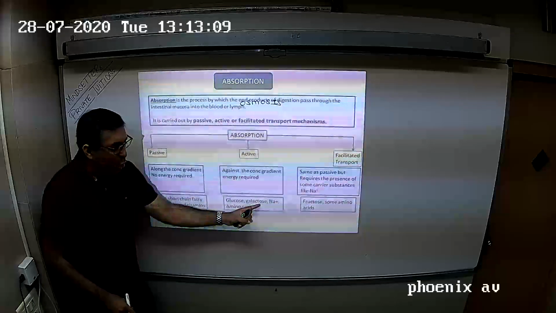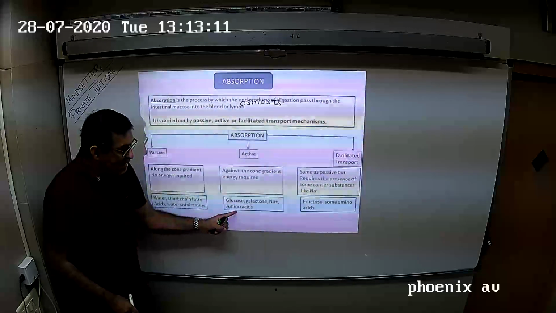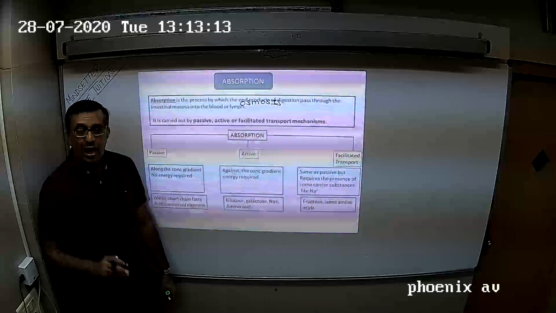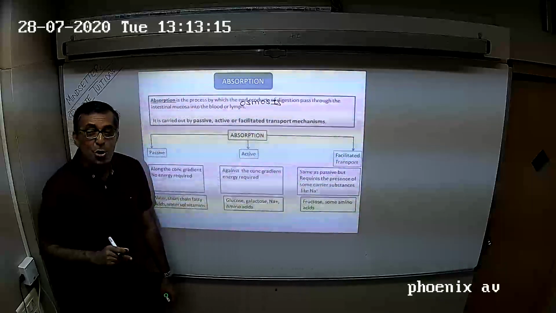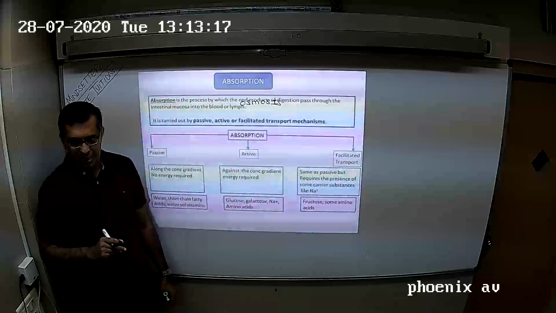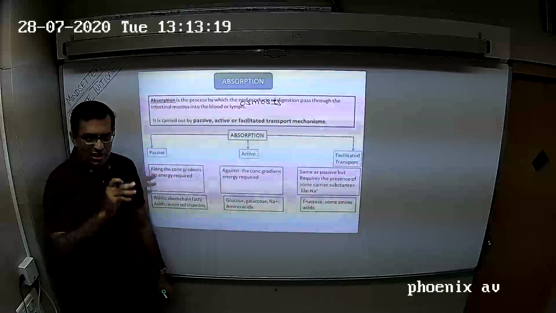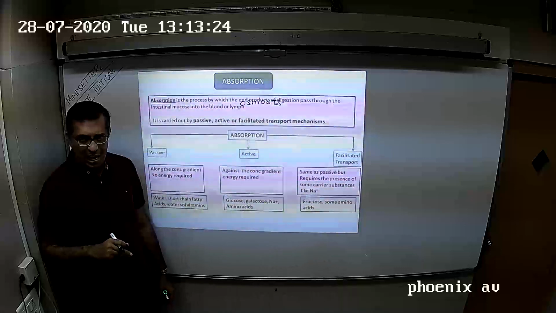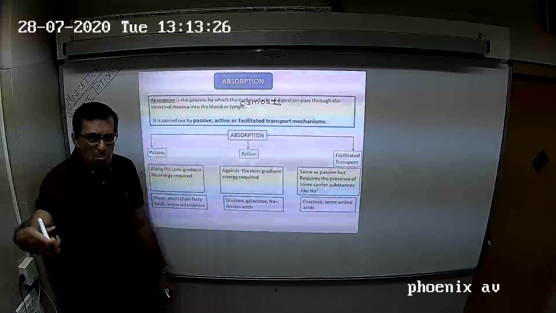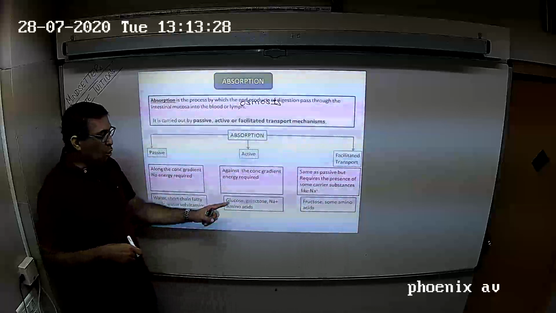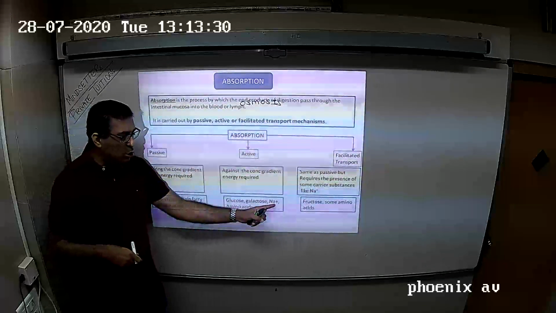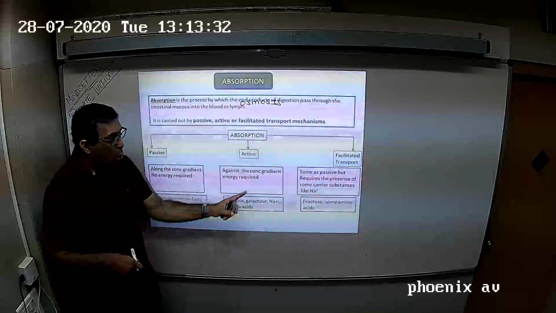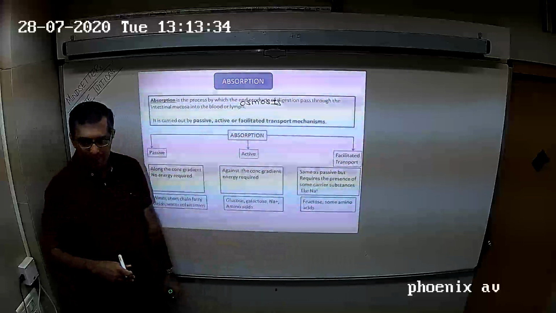Glucose, galactose, sodium, and some amino acids. There are 20 types of amino acids, and when protein is broken down, some of those amino acids, along with glucose, galactose, and sodium ions, undergo active absorption.